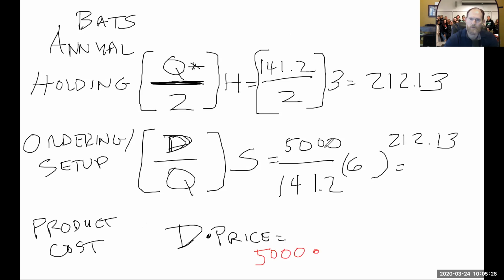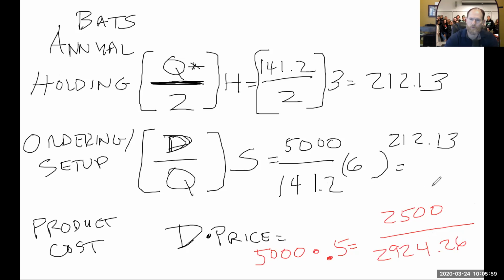That's that 5,000 here, that D, same thing. I didn't tell you on the screen that they actually charge the swingers 50 cents per bat. So this would be 2,500. And so the total annual cost in terms of inventory is these two plus that, which is 2,924.26.